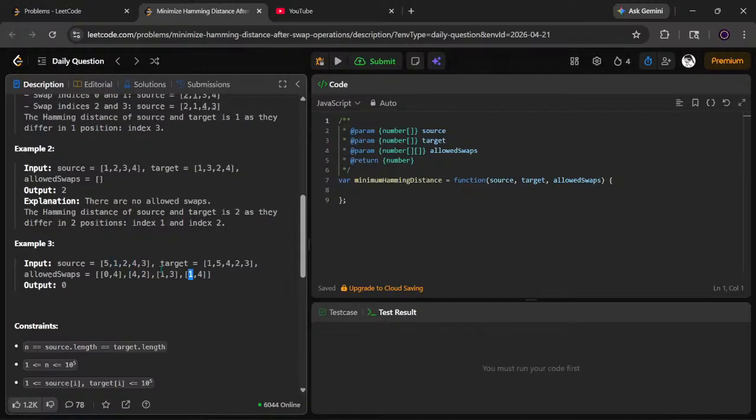Again 1 with the 4. Since here it is 4, and we had 2 here, 4 will become 2, and 2 will come here, 4 will come here, and then I think it will form the target.